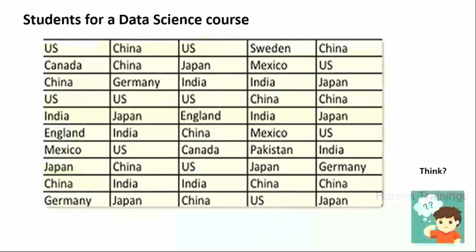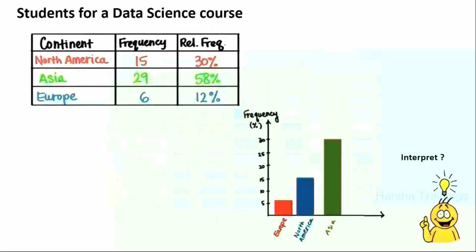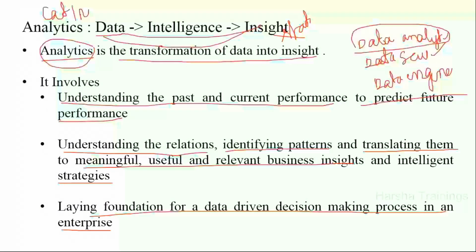Here I used a little bit of statistics, like frequency, proportion, percentages, range, bucket size, histogram, bar graph. But in data science, what we do is create a machine, or a model, or a software.